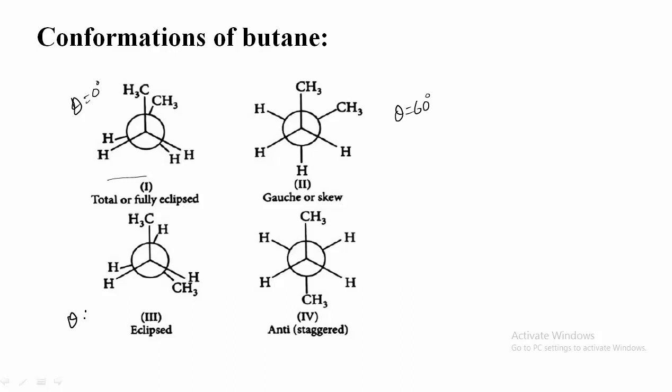Here theta is less than 60 degree. And anti or staggered. Here theta is equal to 120 degree, that is exactly opposite. So these are the four different types of conformations of butane. Remember the difference between fully eclipsed or eclipsed, and gauche as well as staggered or anti conformations.